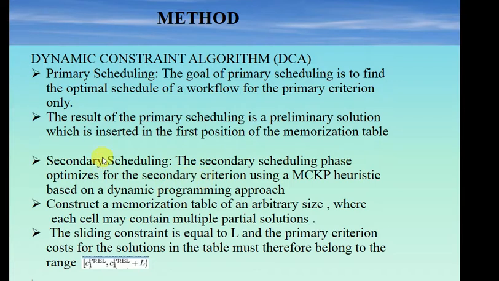Here it uses the result of the sliding constraint obtained during the primary scheduling. Then there is a memoization table, where the multiple partial solutions are stored, and the sliding constraint, as I said, is equal to L, and the primary criterion cost for the solutions in the table must therefore belong to the range.